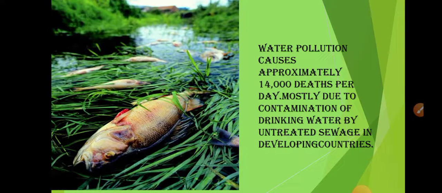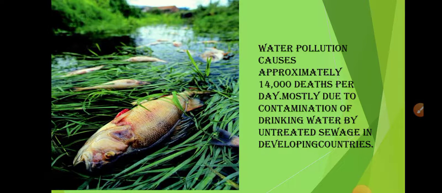Along with that, we see that water pollution causes approximately 14,000 deaths per day. This is a very alarming rate. 14,000 animals are dying per day, which is very concerning, because if deaths occur in such a manner, we might be losing some of them, mostly due to contamination of drinking water by untreated sewage in developing countries.